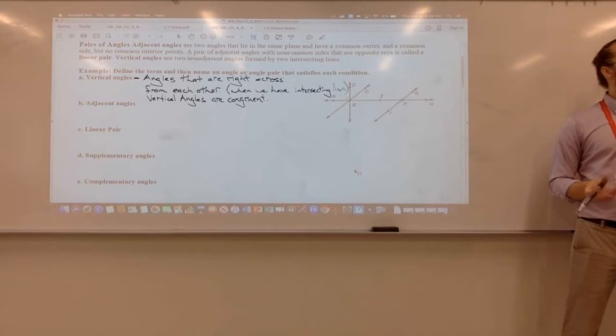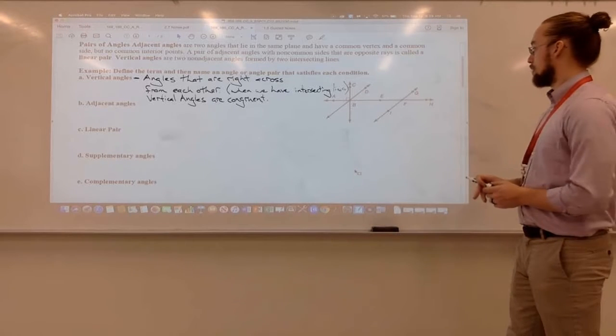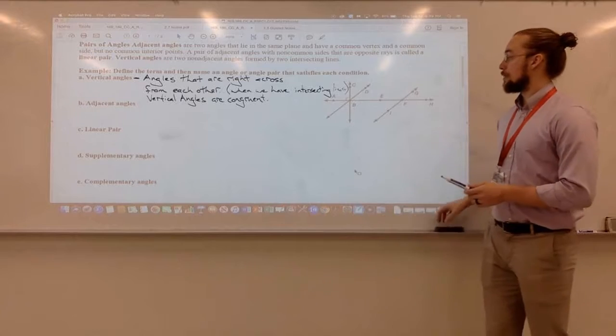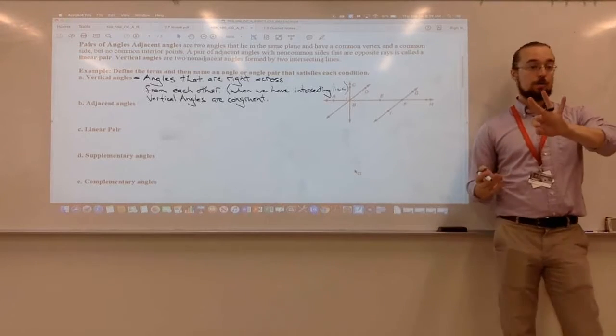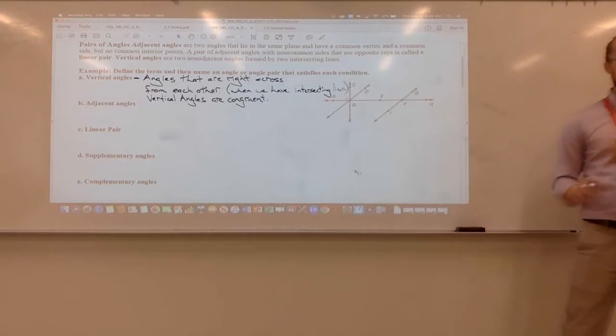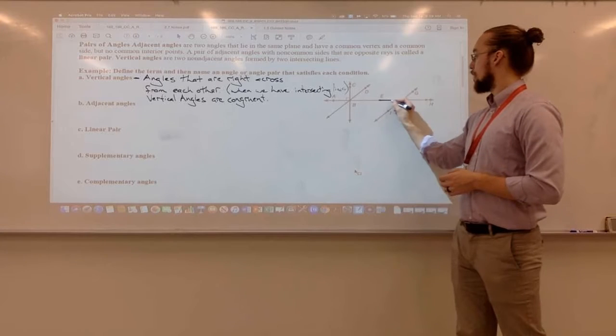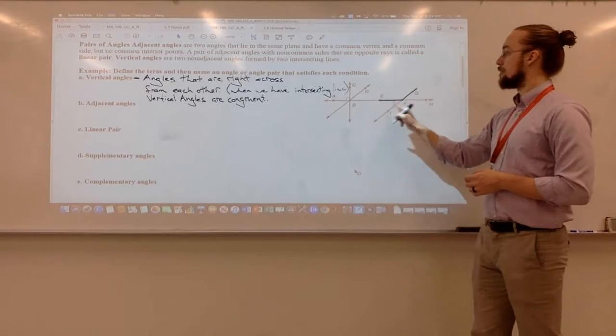So how do we name angles? To name an angle, we use 3 points. So if we want to talk about angle EFG, that would be this angle right here.